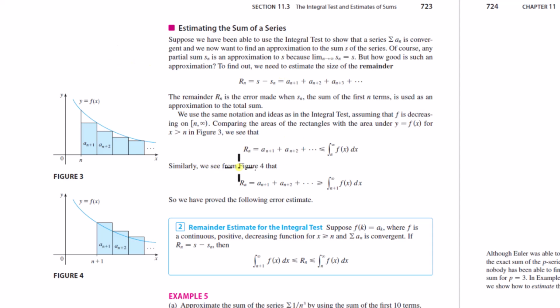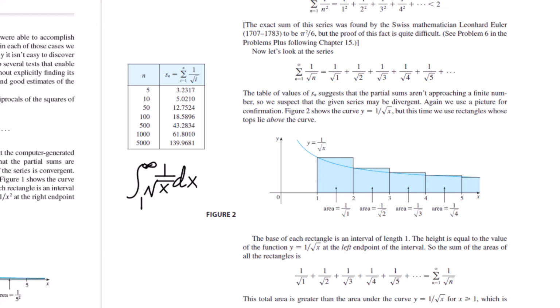The reason is that we're going to be using improper integrals. If we come back here, we talked about in the previous video how the improper integral, depending on how you set it up, represents a value that's less than or equal to the series sum, or greater than or equal to.